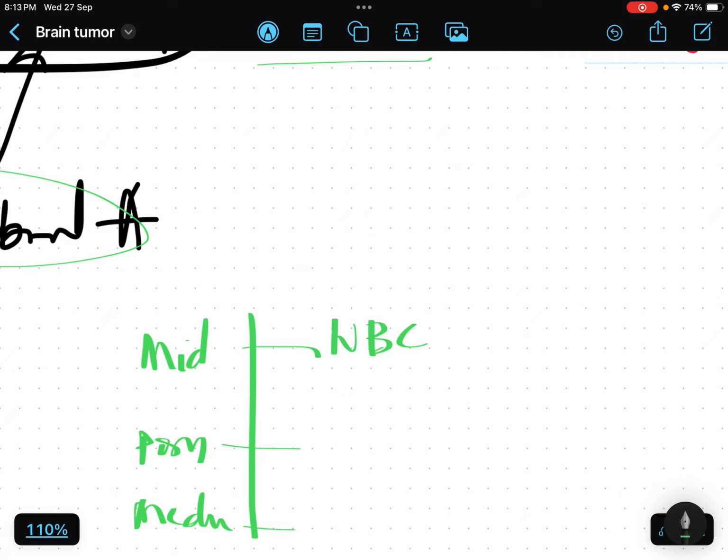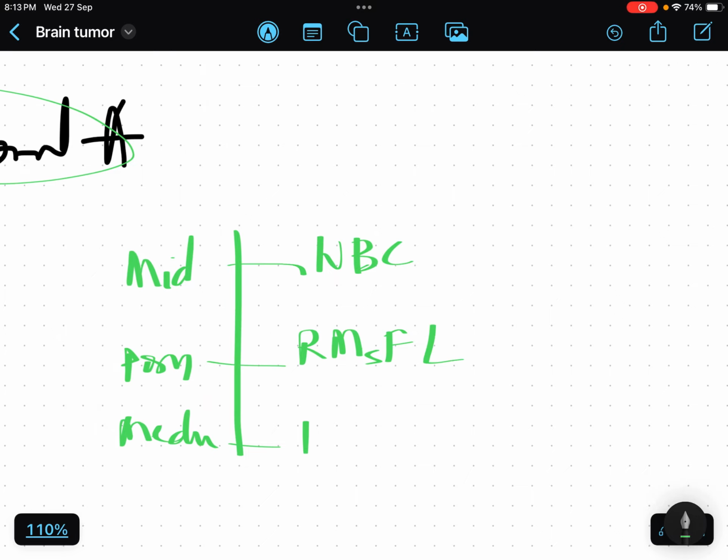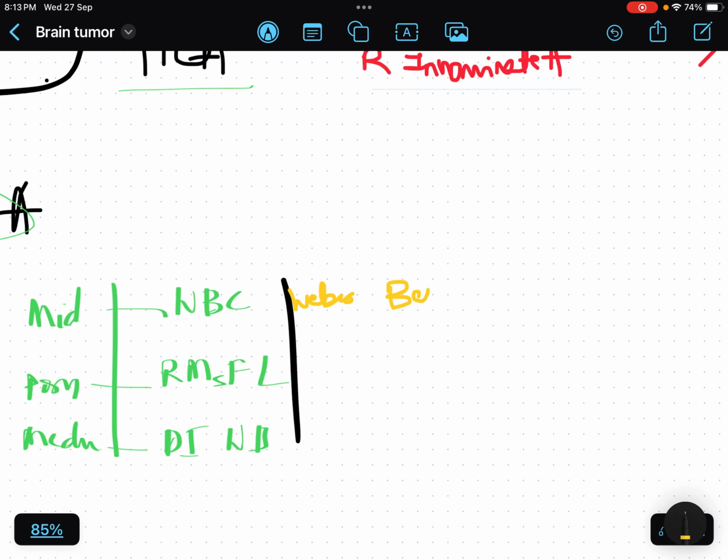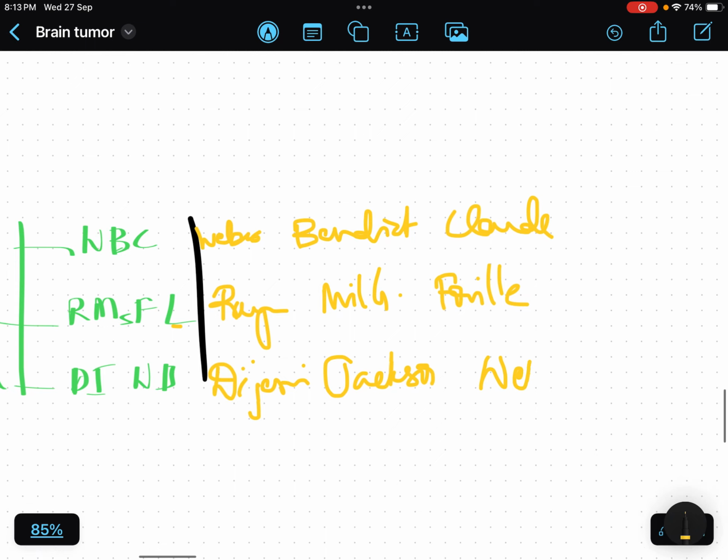The mnemonic goes: Weber, Benedikt, Claude, Raymond, Millard-Gubler, Foville, and then Locked-in syndrome. Then D for Dejerine, then Jackson, then Wallenberg, then B for Babinski.